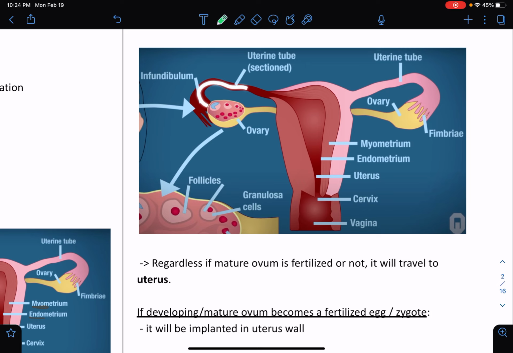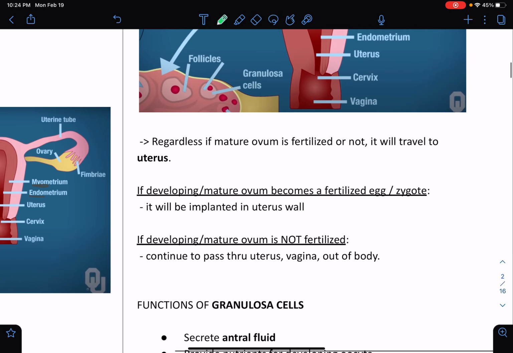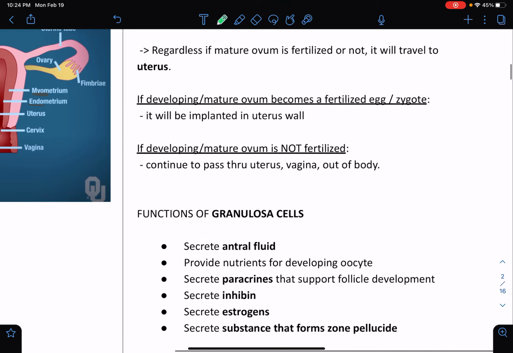If I'm not mistaken, either it disintegrates from within or it gets released outside in some form. One answer is correct between the two, I believe.